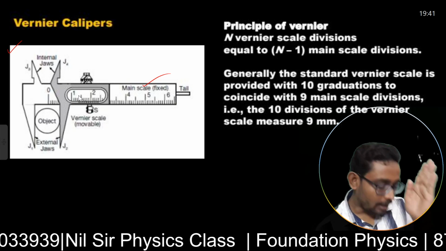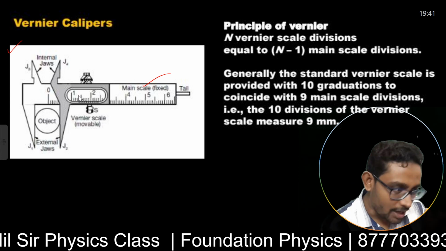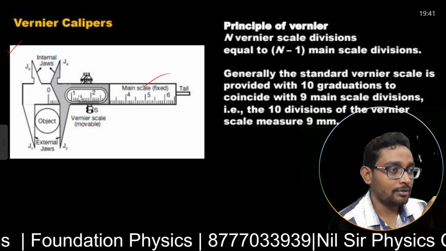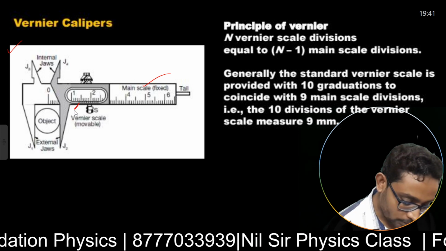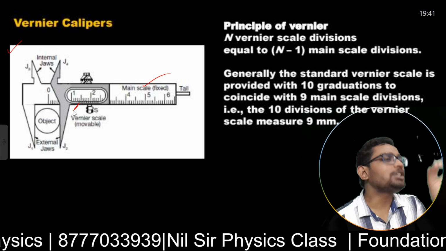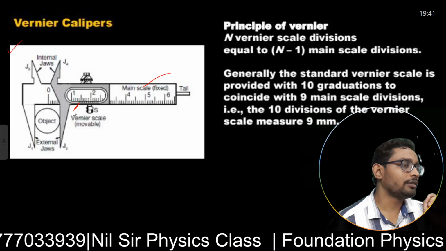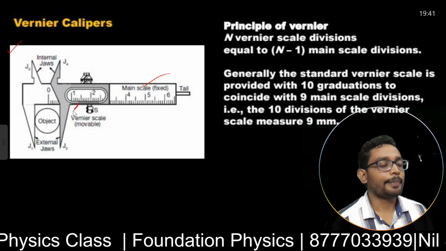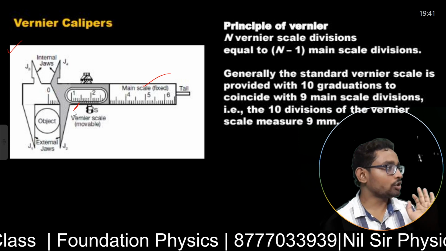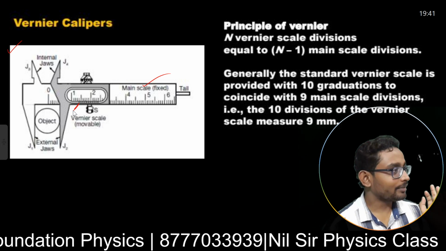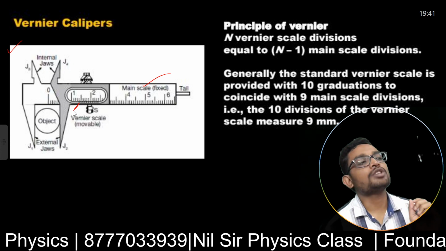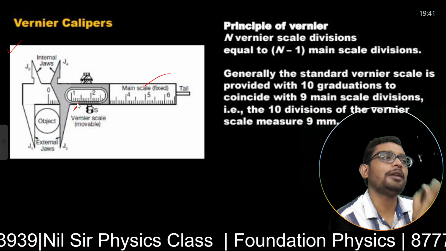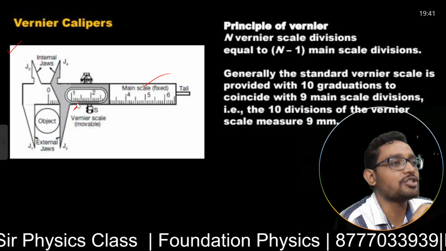The main scale mark just below the first vernier is the main scale reading. It may exactly match with the vernier scale or may show some gap.